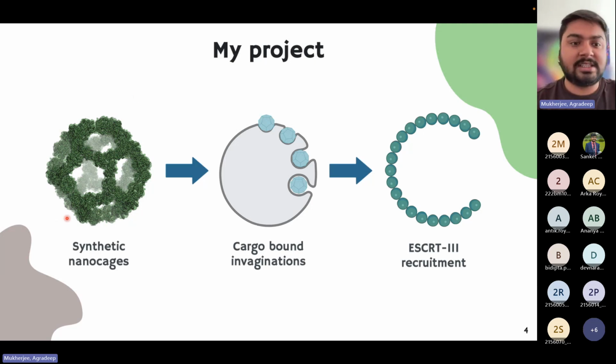This is a pictorial depiction of the nanocages, and this is what I am expecting. I'm working on optimization of these nanocages now, and later we will just recruit these ESCRT-3s.